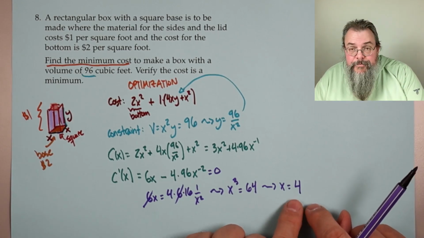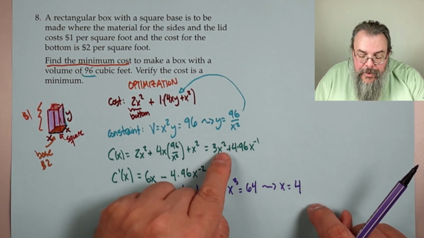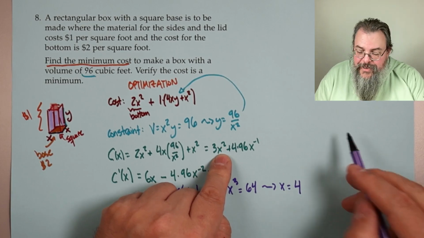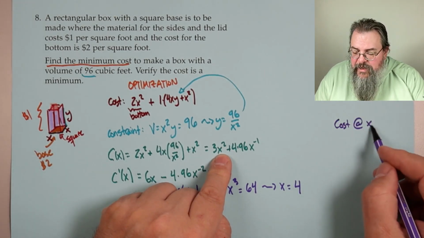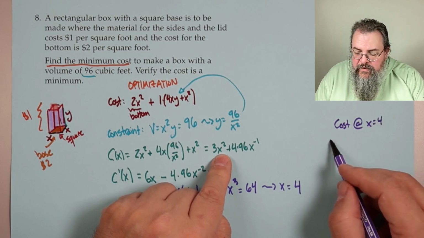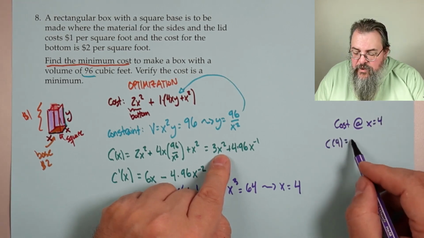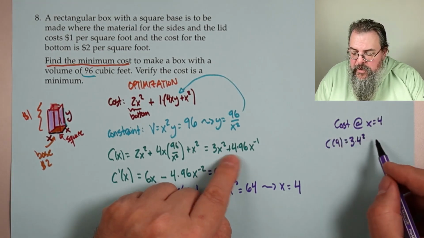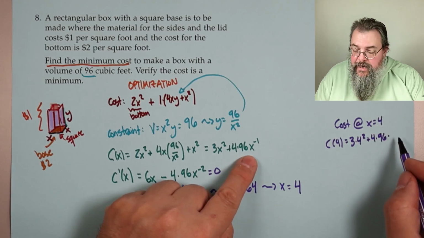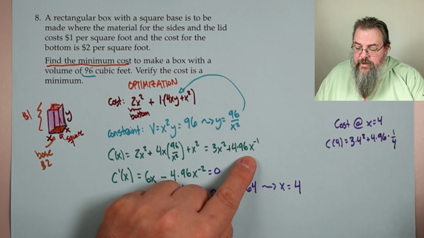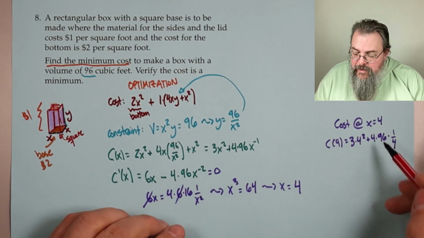So what do we do with this 4? We plug it in to our cost function. So our cost at x equals 4 would be c of 4. That's 3 times 4 squared plus 4 times 96 times 4 to the minus 1, which is 1/4. Well, that's convenient for us.